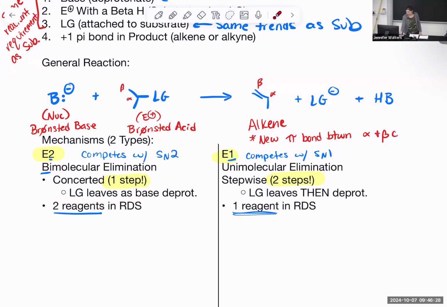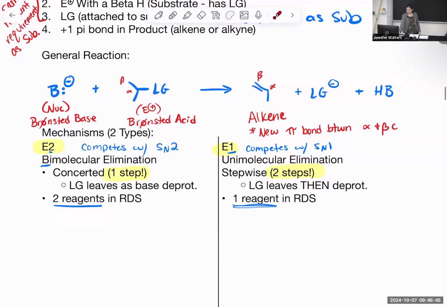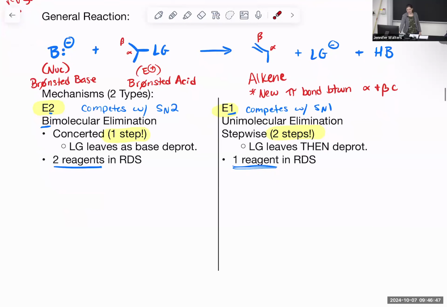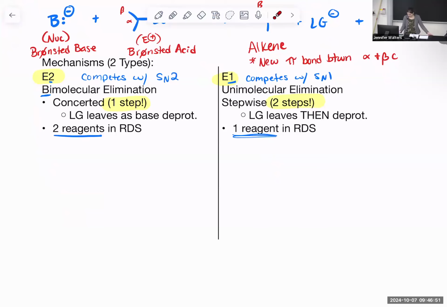E1 is like SN1, where SN1 was leaving group leaves then nucleophile attacks. Now it's leaving group leaves then base deprotonates is our E1. That tells me the E1 is going to make carbocation intermediates, just like SN1 did.